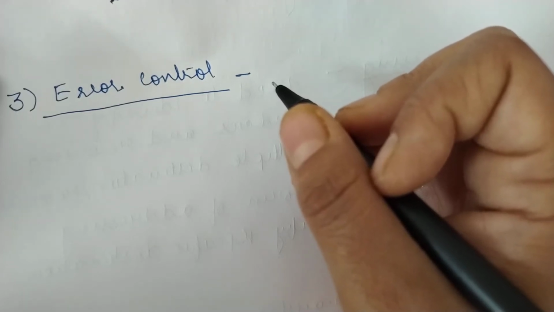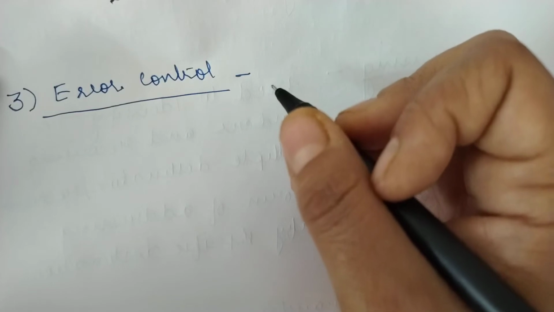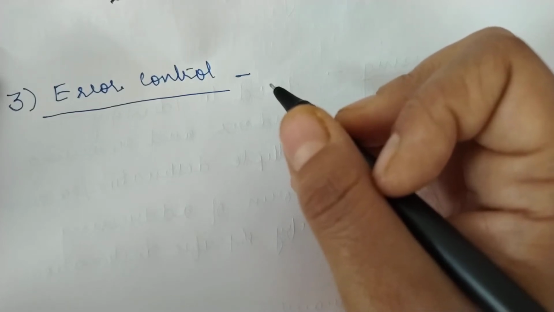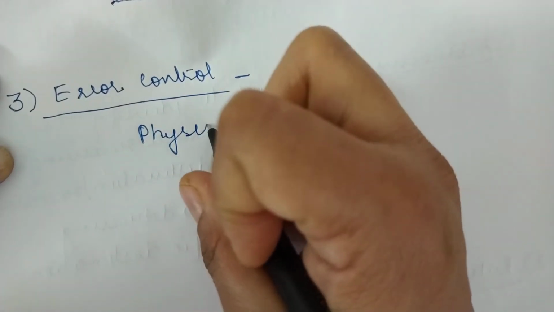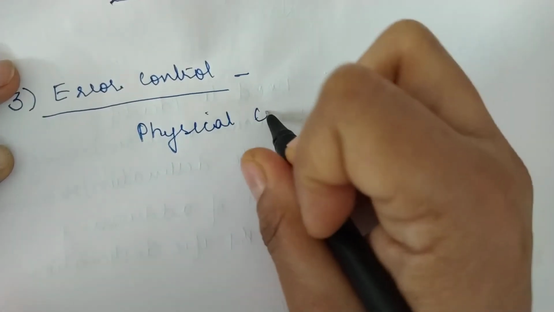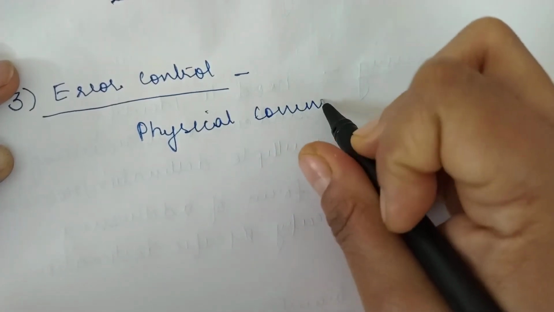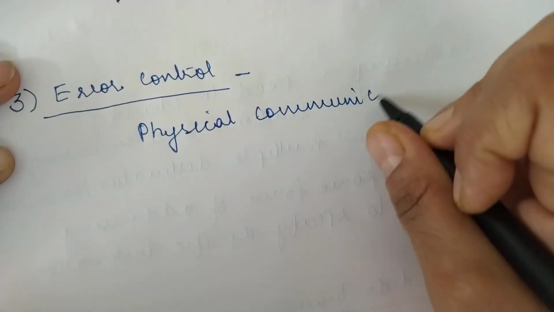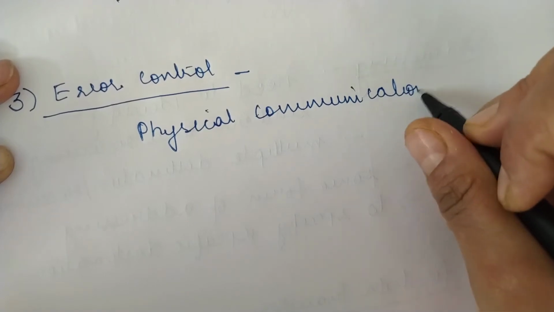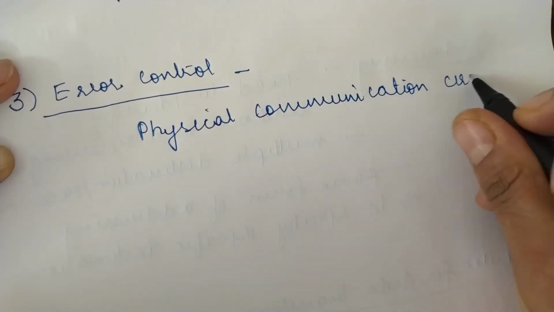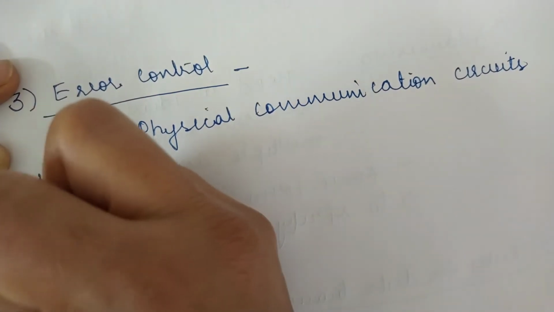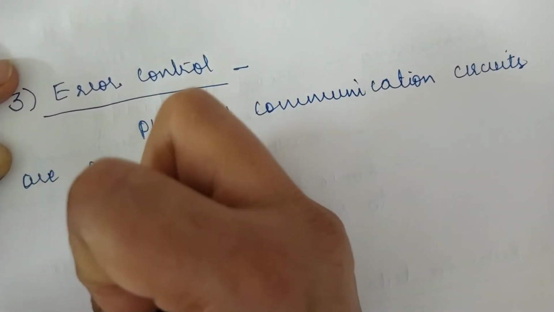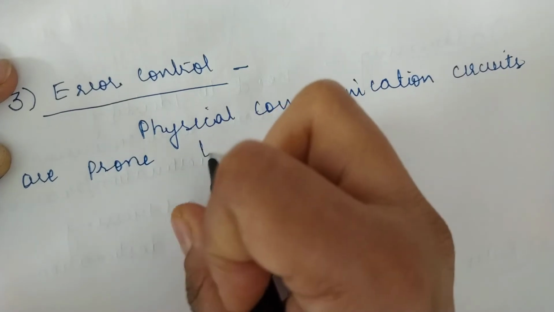While you are using the physical channels or physical transmission lines for data, they are prone to errors. So I can say that the physical communication circuits are prone to errors.